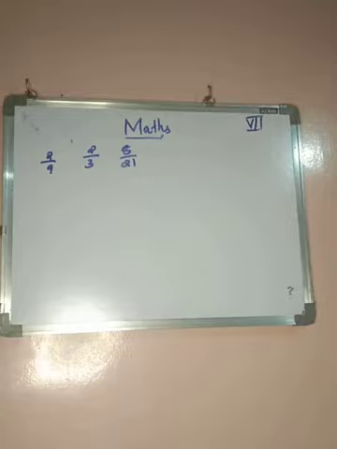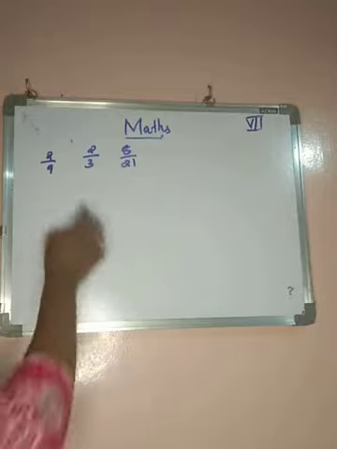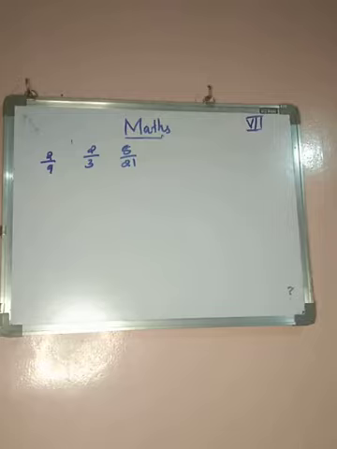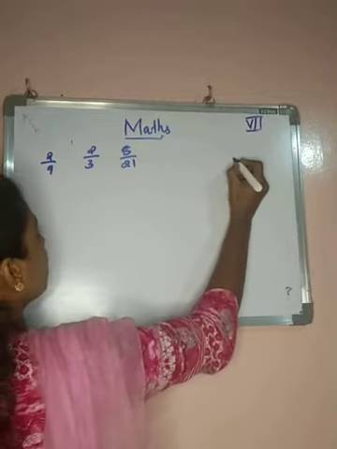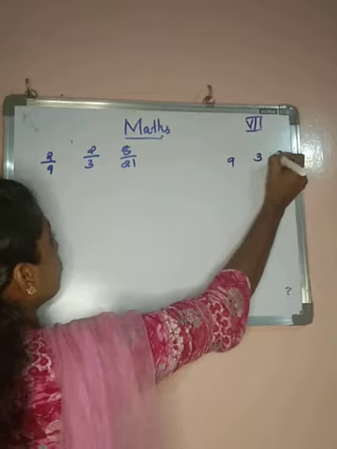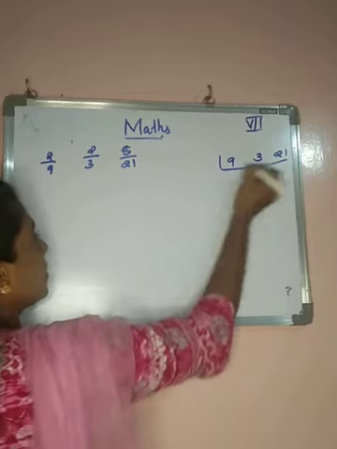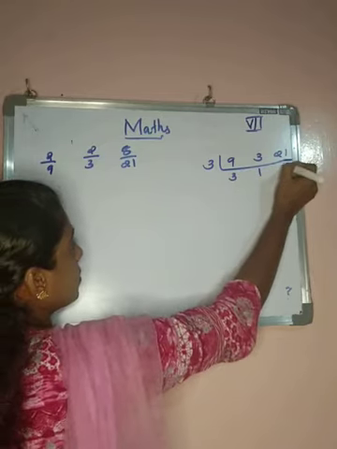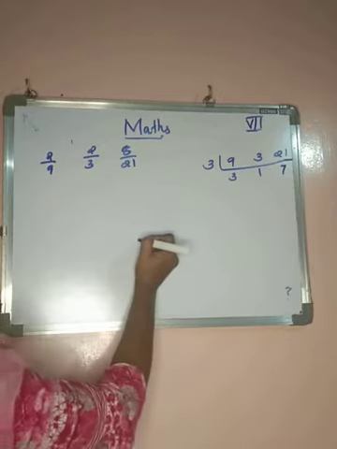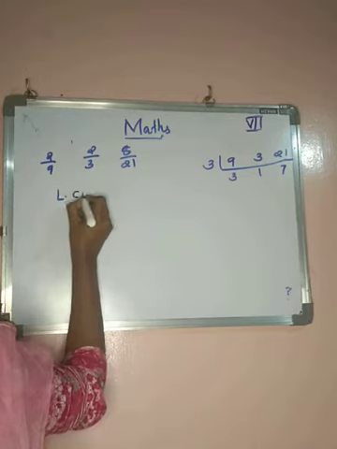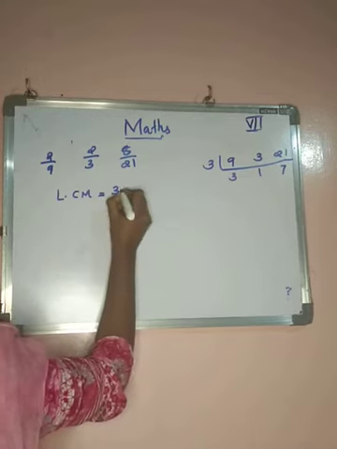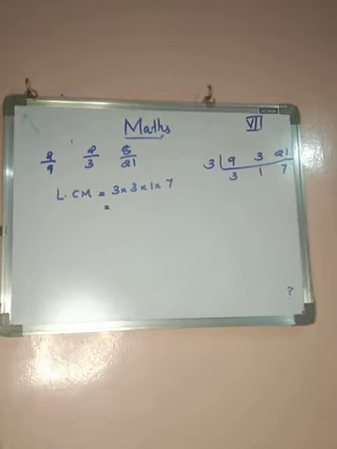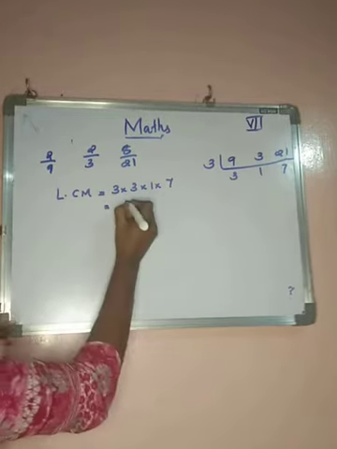The LCM is 3 times 1 times 7 times 3, which is equal to 9 into 7, 63.